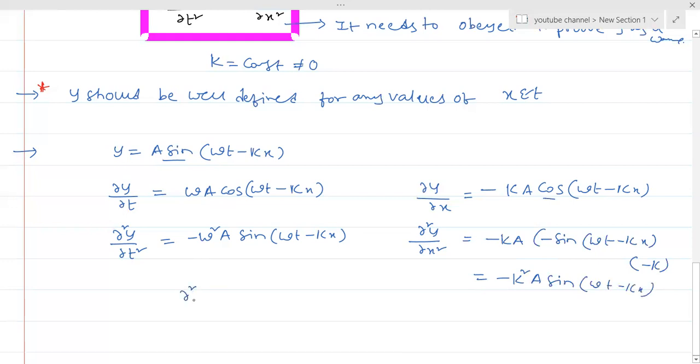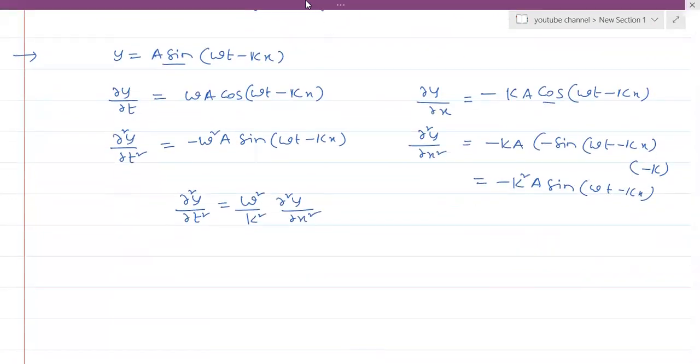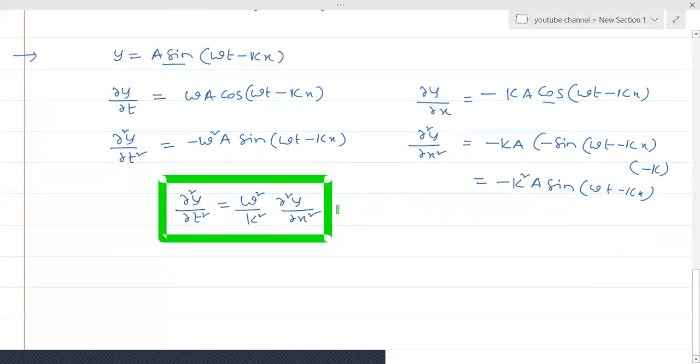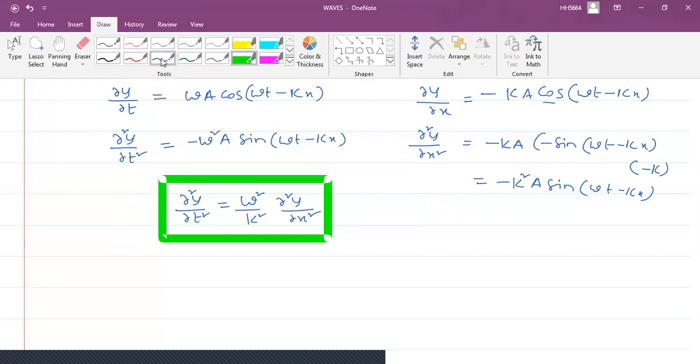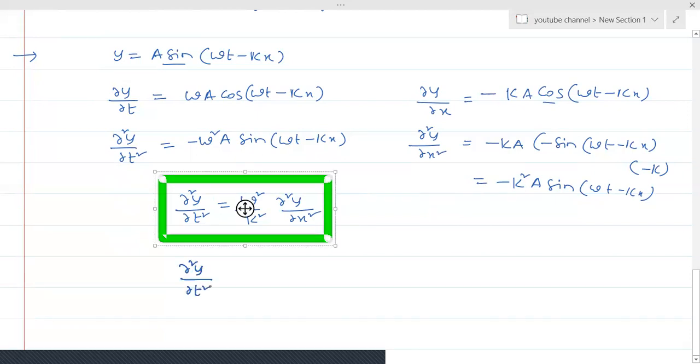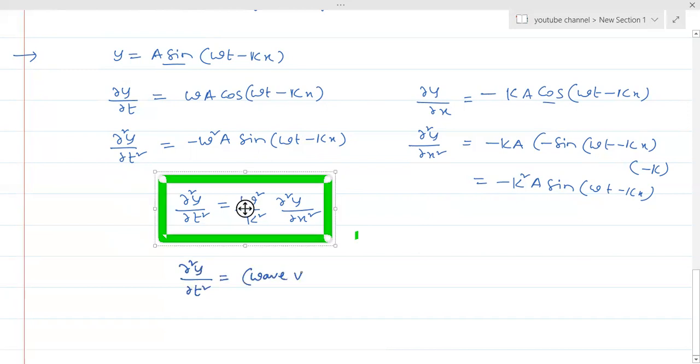By comparing those two, we get dou square y by dou t square equivalent to omega square by k square into dou square y by dou x square. This is a very popular equation. Or else we can write it as dou square y by dou t square equivalent to (omega by k) whole square into dou square y by dou x square, where omega by k is the wave velocity.